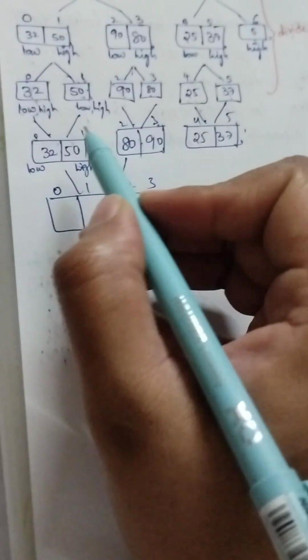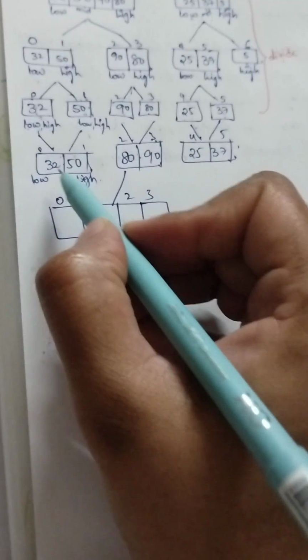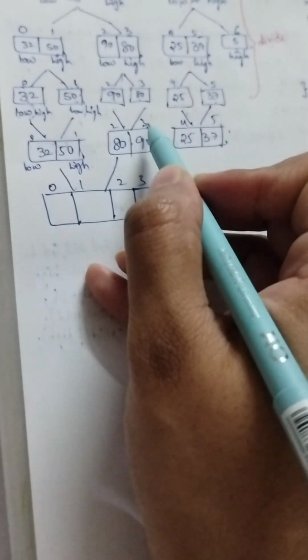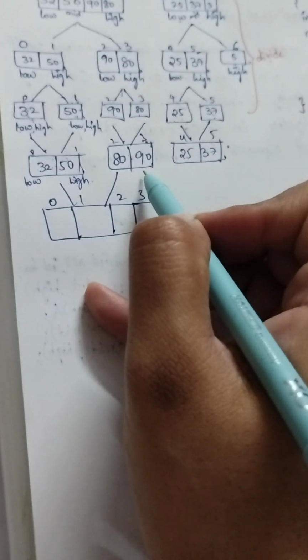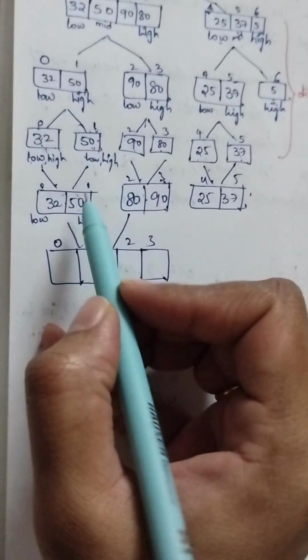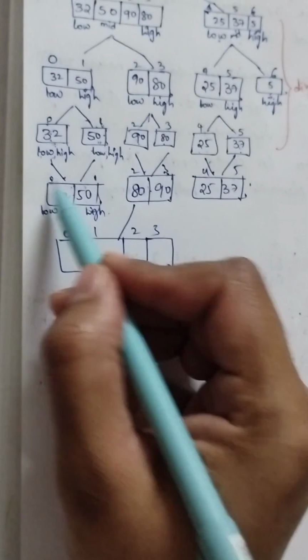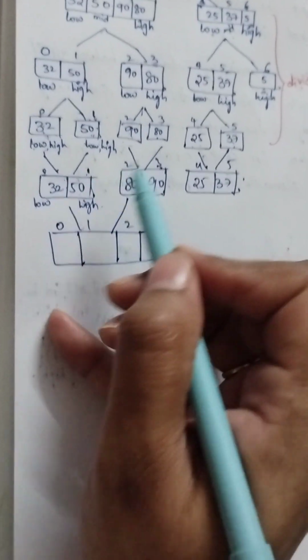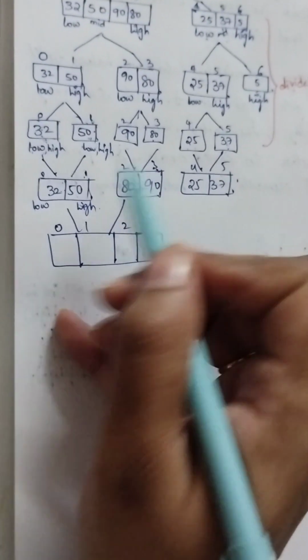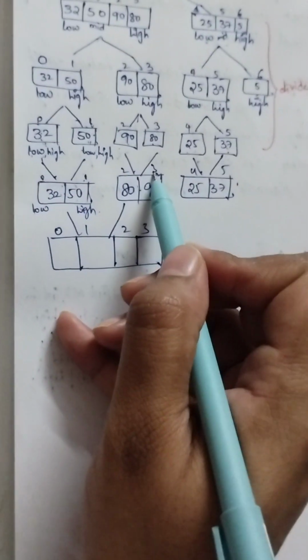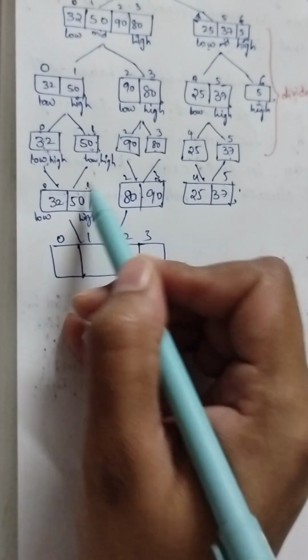From 0 to the 3rd index we need to merge, which means here the 0 is going to become what? Low, and the 3rd index is going to become what? High, and so this 1 is going to become what? Middle, right? From 0 to 1 we need to merge, and from 2 to 3 we need to merge. So 0 is the low, 3 is the high, 1 is the middle, and 2 is what?